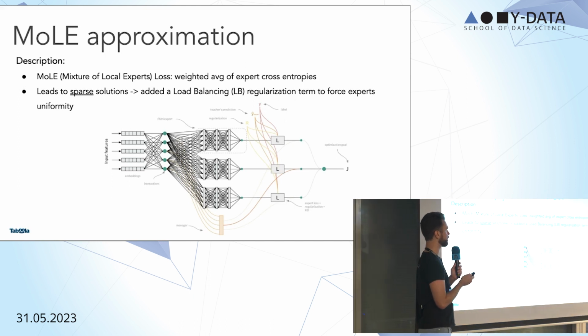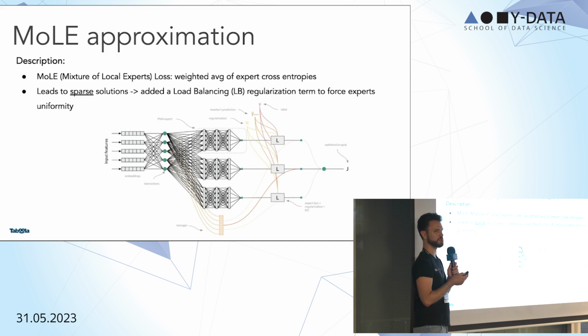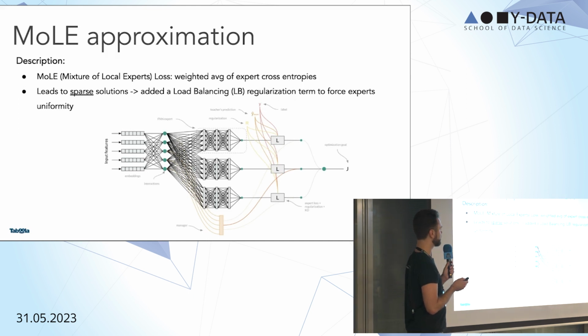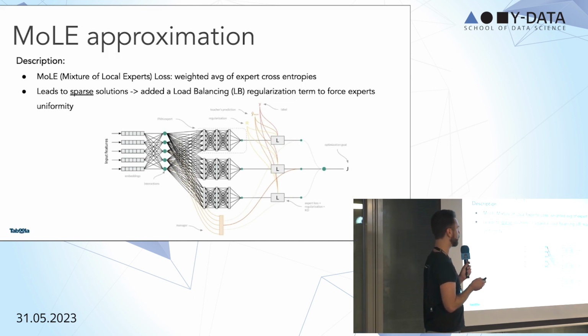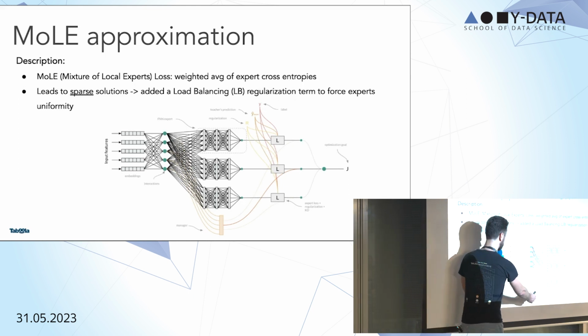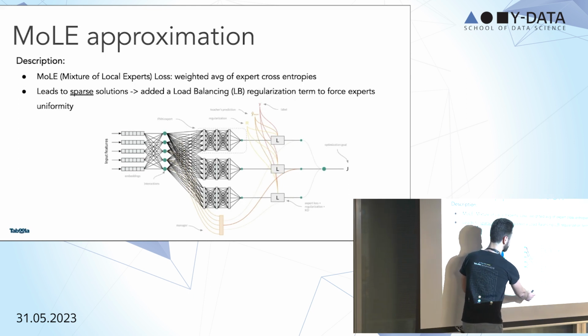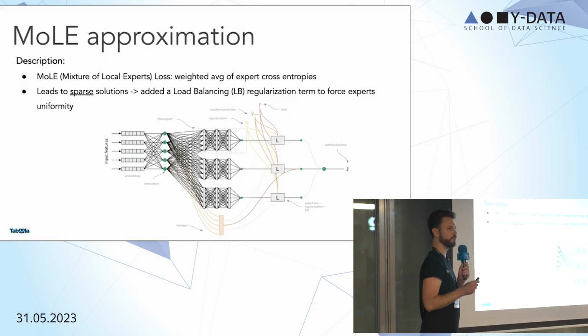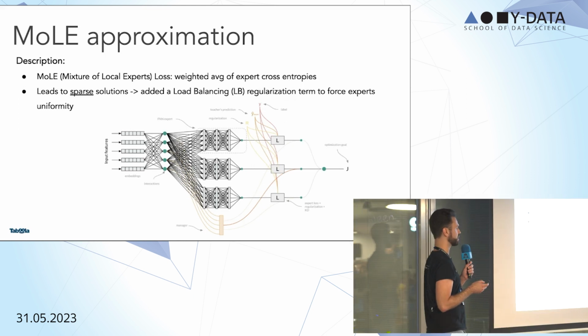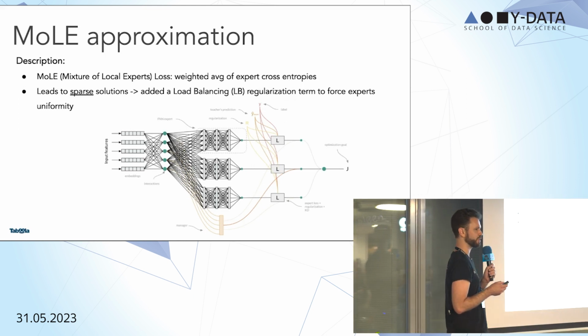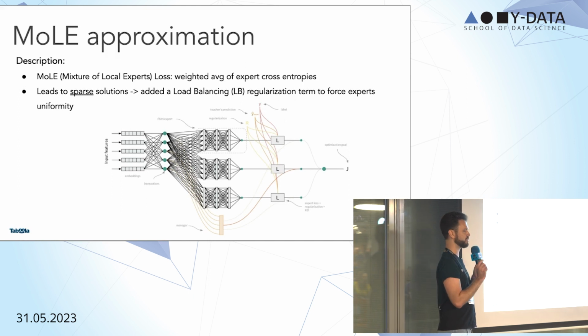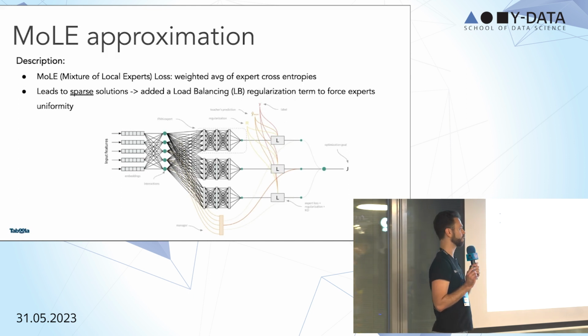Each such expert has its own cross-entropy loss, and all of these losses are combined by linear weights, which are also learned by an entity called the manager. So the manager combines in a weighted average the losses of each expert. It constructs a single loss, and this is the optimization loss for the model.